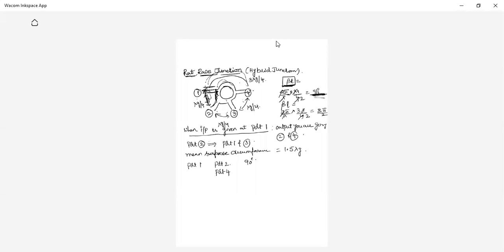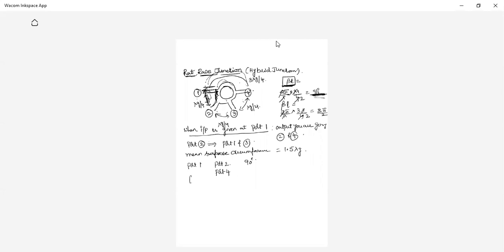The rat race junction is used to add or combine two signals, or to divide the signal into two equal halves in two ports. Okay.